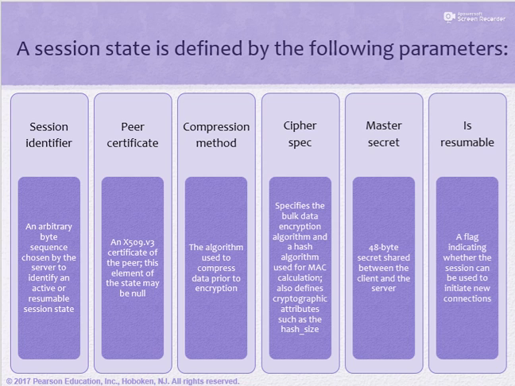Then the compression method, the algorithm used to compress data before encryption. Compression is optional, but if you are using it, this says which compression algorithm is being used. Then the cipher spec, which specifies the bulk data encryption algorithm like AES or DES or any other, and the hash algorithm that is going to be used for MAC calculation.